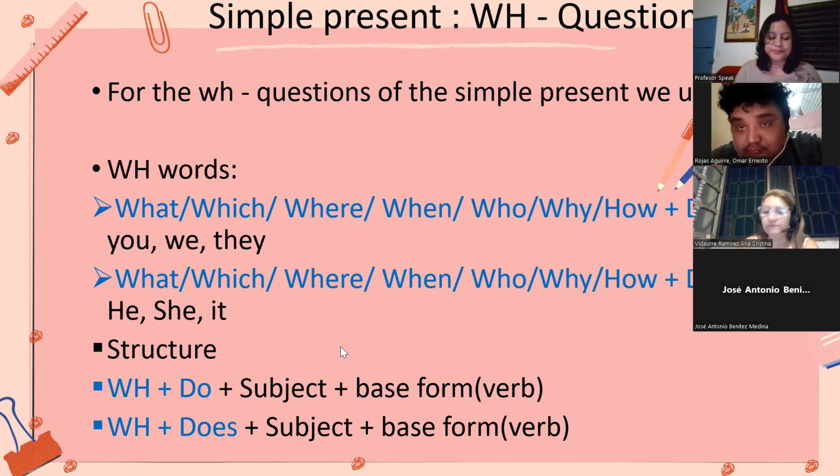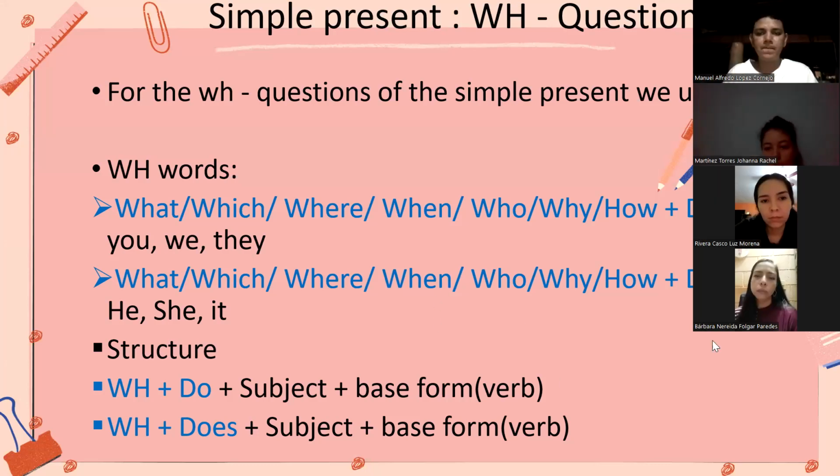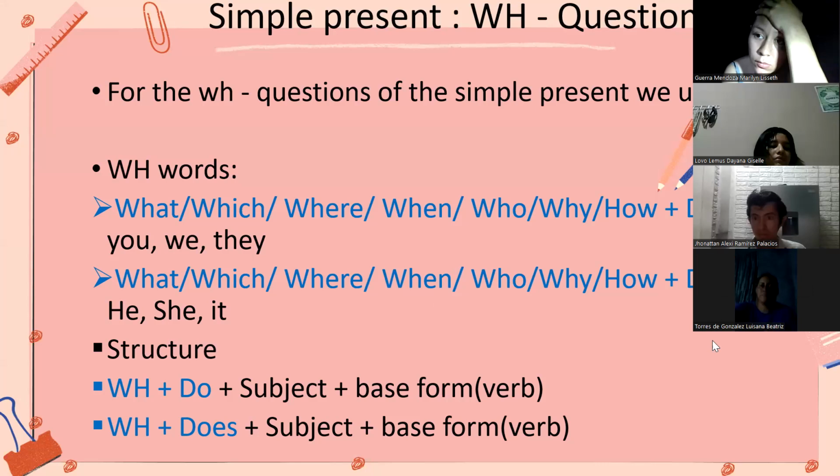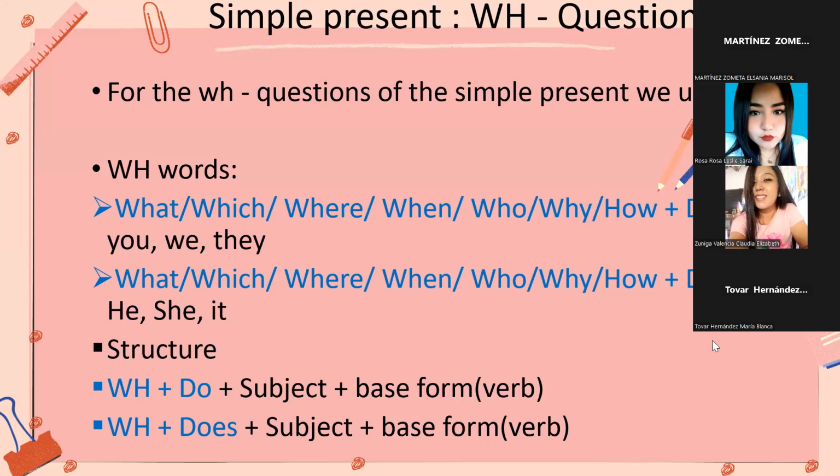Es que quería hacer tiempo para los que están teniendo problemas para entrar, pero no sé. Ya entró alguien de los que tiene problemas. Jorge, quiero ver si está Jorge. Yes, teacher. Jorge ya. ¿Quién más me falta? Liliana.